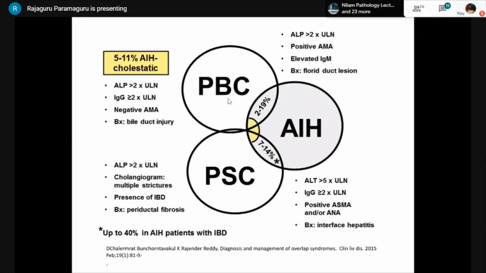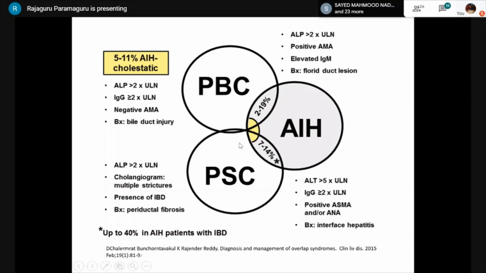So I'll show you this image here. First, as I showed you the simplified scoring with the compatible and the typical features of AIH and other clinical scorings which are available, you have to score that, and you have a probable or a definite AIH.